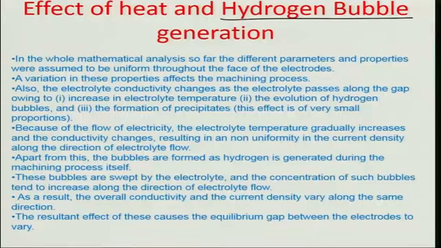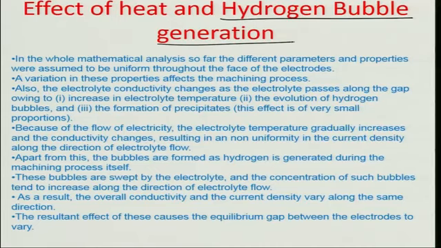aspect of the ECM, which is that one part is that when the heating increases there is electrolyte boiling, but there is a very important secondary aspect: even hydrogen bubble generation changes the conductivity drastically in an ECM setup, and therefore there are changes related to machining rates, because the conductivity is different wherever these hydrogen bubbles are generated.